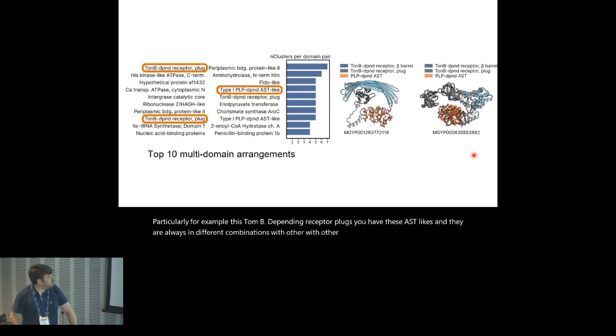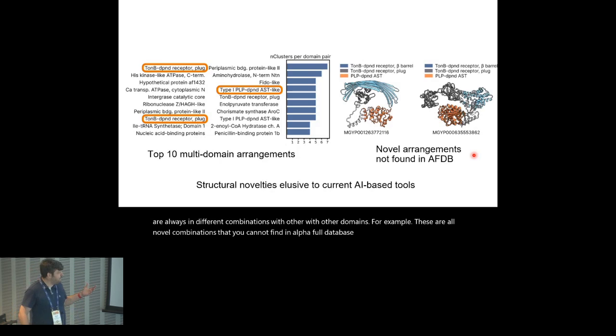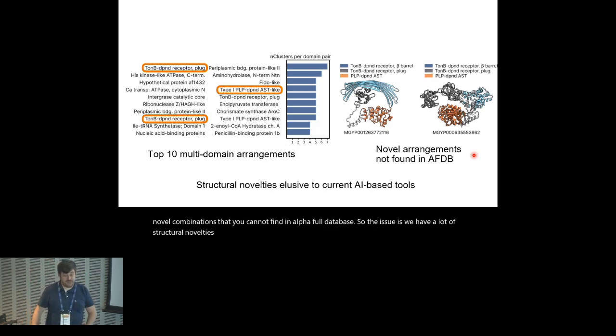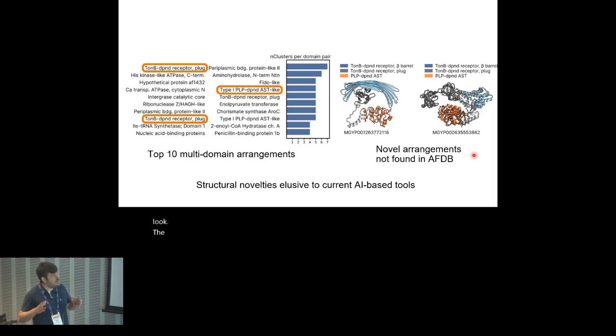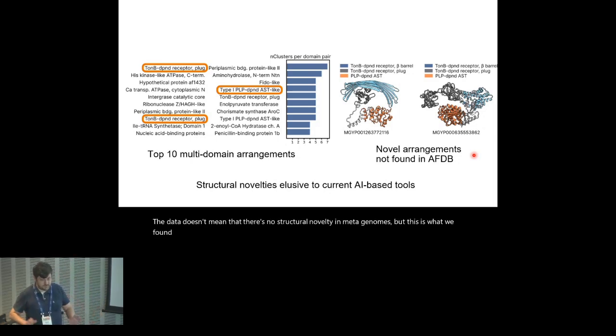These are all novel combinations that you cannot find in the AlphaFold database. So the issue is we have a lot of structural novelties that are really elusive to current AI-based methods. I think this is an initial look at the data. It doesn't mean that there's no structural novelty in metagenomes, but this is what we found in ESM Atlas. So this is one way to put it.